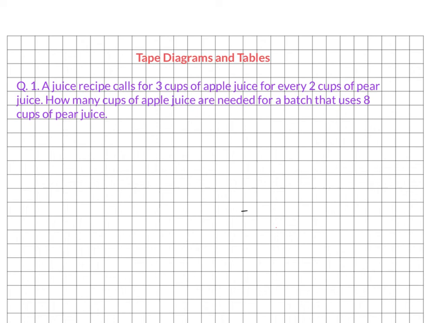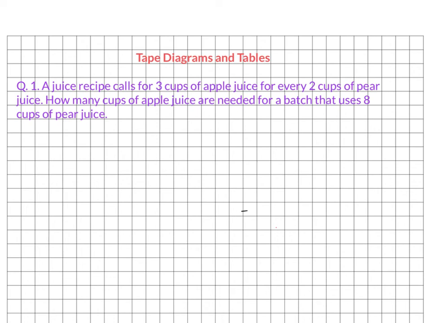So in this recipe, we are comparing cups of apple juice and cups of pear juice while we are making a recipe. I'm going to read this again and highlight information that I'm going to need to solve the problem. So in the first sentence, it says, a juice recipe calls for 3 cups of apple juice for every 2 cups of pear juice.